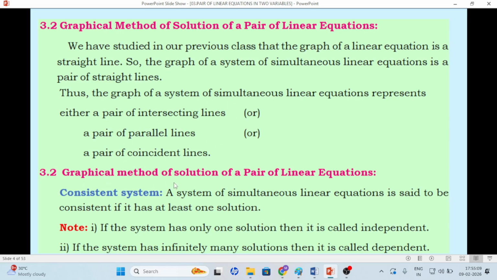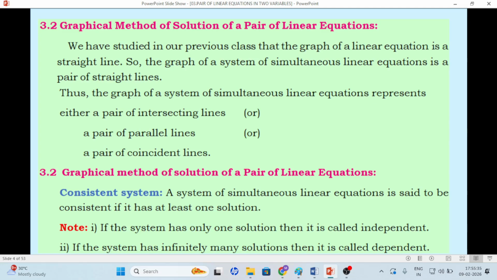Now, graphical method of the solution for a pair of linear equations: consistent system and inconsistent system. What is the meaning of consistent system? A system of the pair of simultaneous linear equations is said to be consistent if it has at least one solution. If there is no solution, it is inconsistent. If there is a solution, it is consistent.